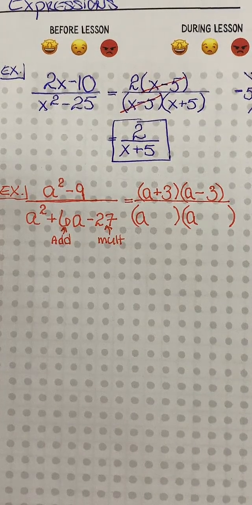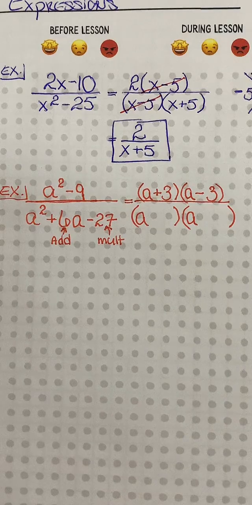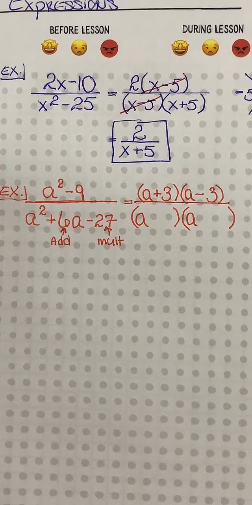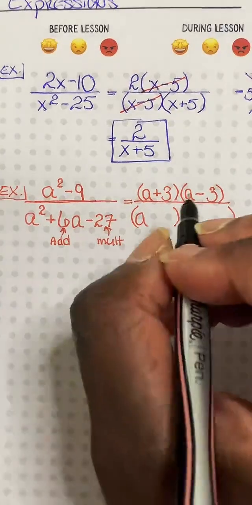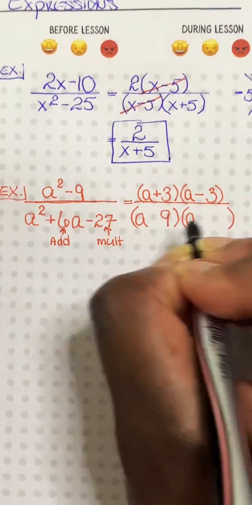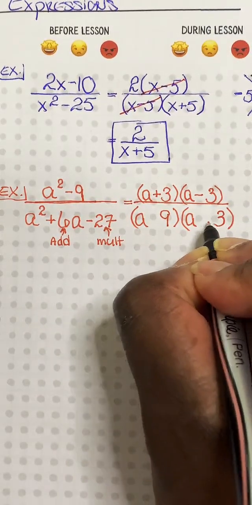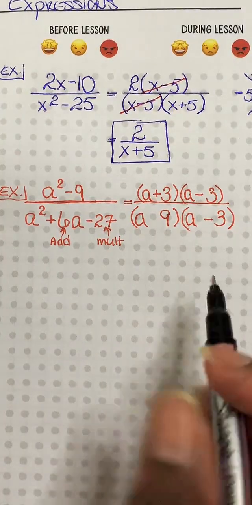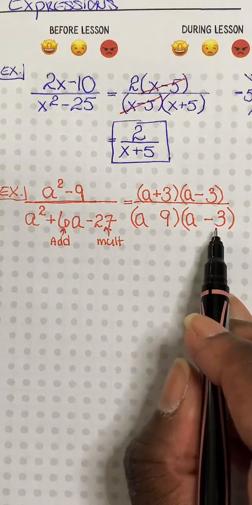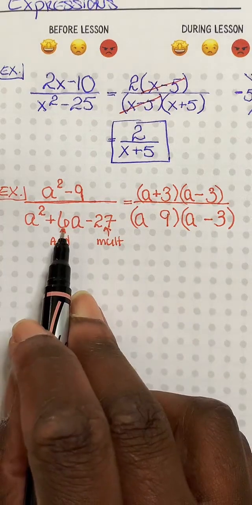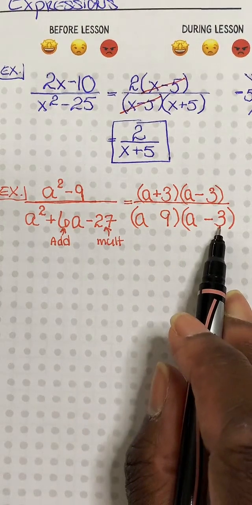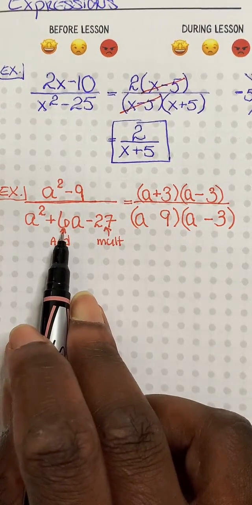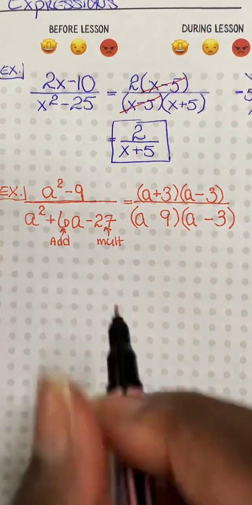Pog is telling me 9 and negative 3. Because 9 times negative 3 gives me negative 27, and 9 plus negative 3 gives me positive 6. Remember, if you have $9 and you spend $3, you have $6 remaining.